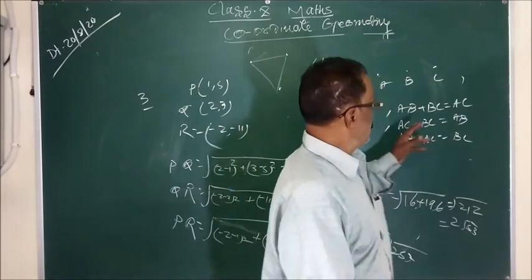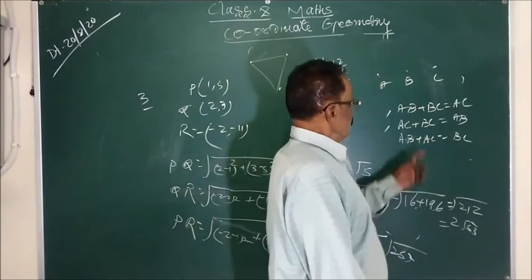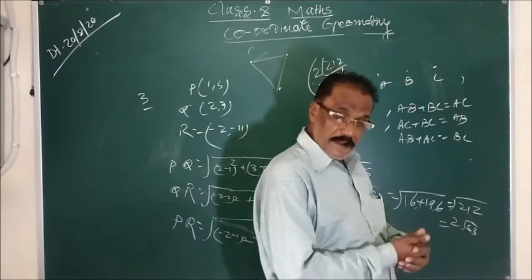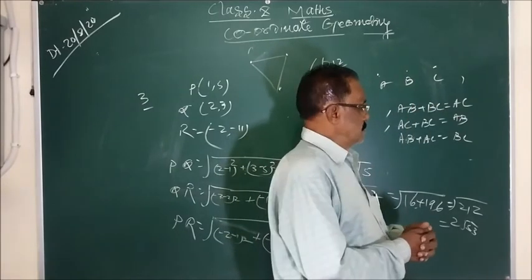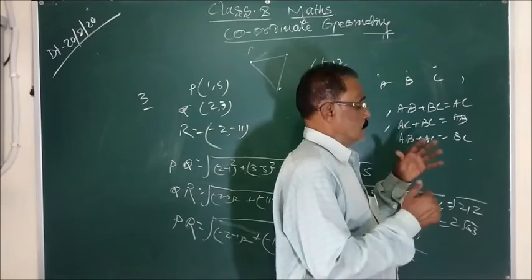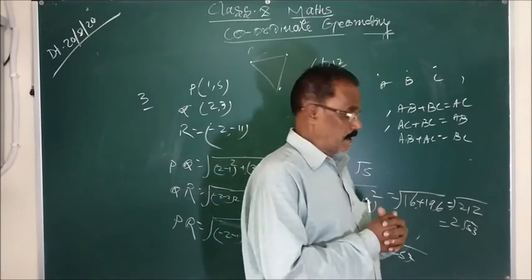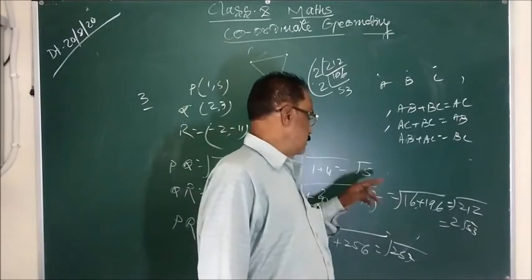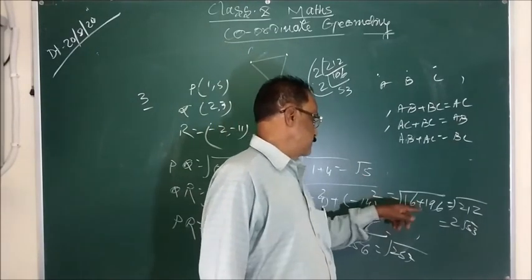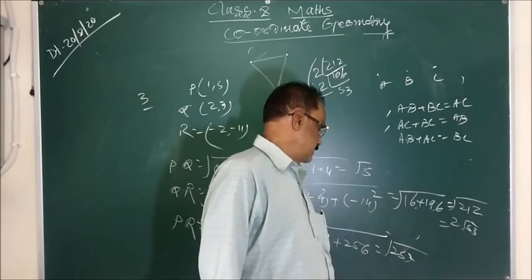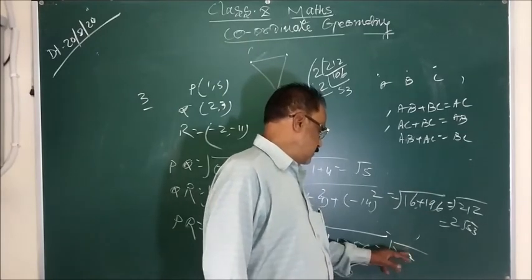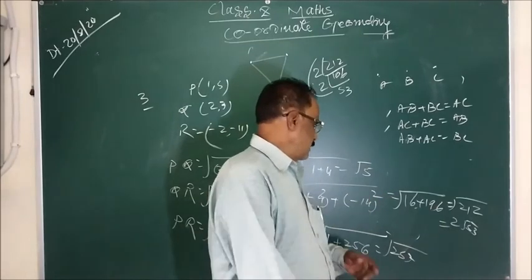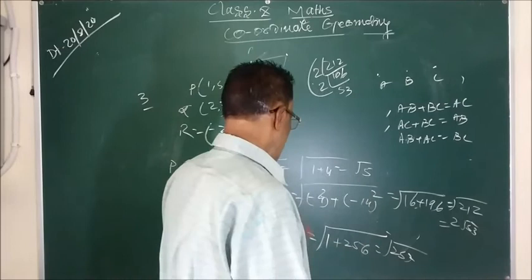And you will remember this: if the sum of distances of 2 points is equal to the third distance, that means the points are collinear, otherwise not. In this question, we are finding the distances of these 3 points, root 5, 2 root 53, root 265, and if possible you can simplify, but we don't see that they are equal.